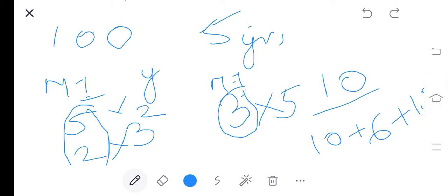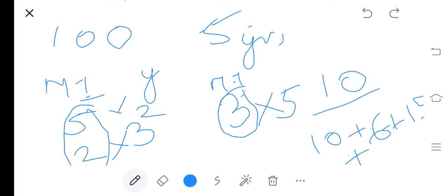If there's no space, I'll write 15 small. Plus 15. So in the numerator, what will it be? 10. In the denominator, 10 + 6 + 15, and I forgot the remainder. What is the remainder?